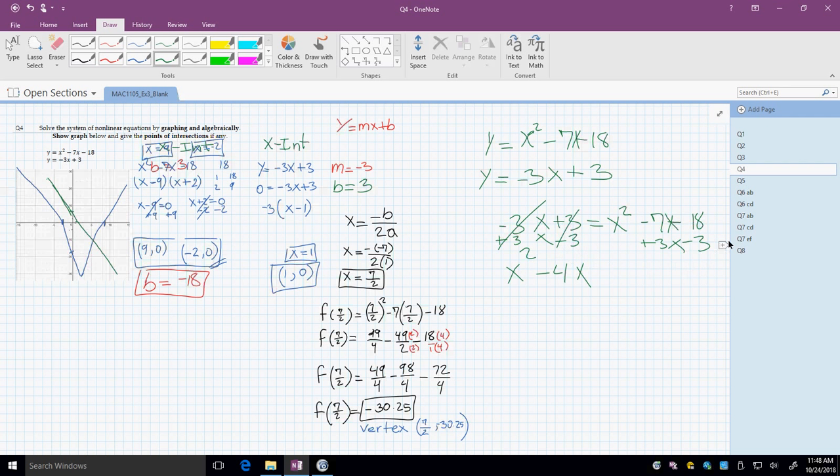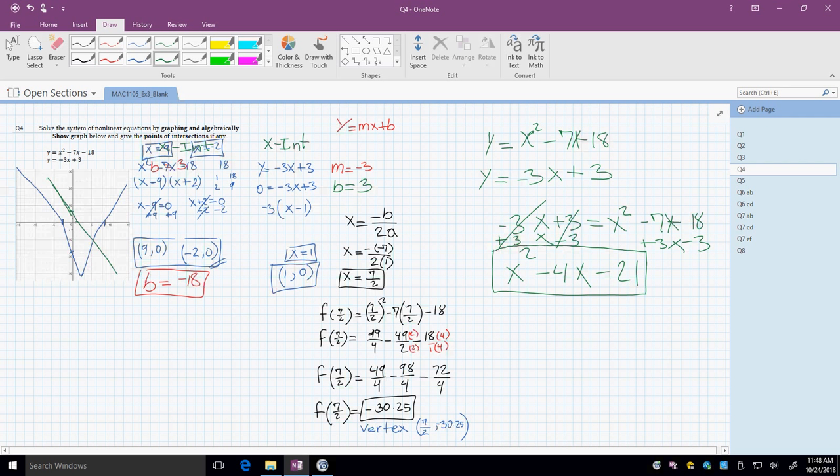This cancels, now I have 18 minus 3, oh no, both of them are negative. So adding them together is going to give me 21. I combine those two, right? And I got messy.